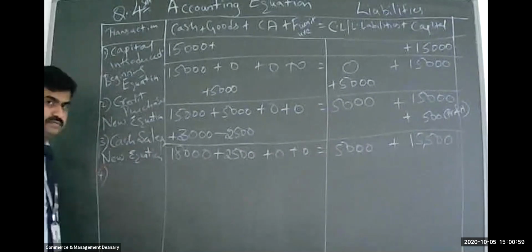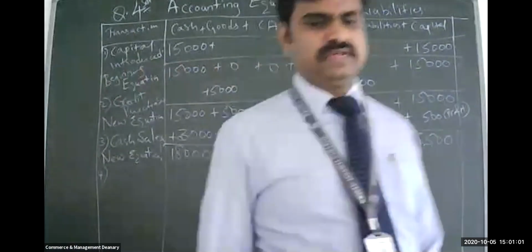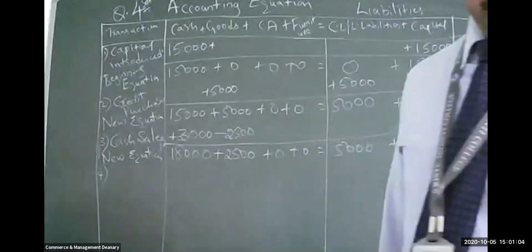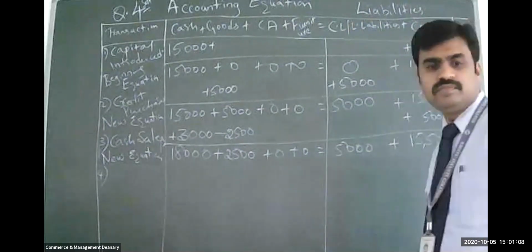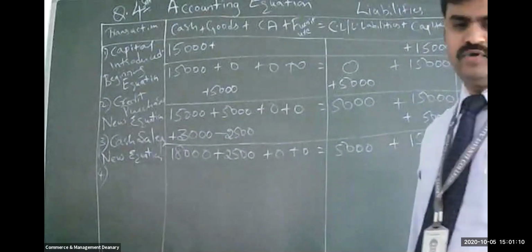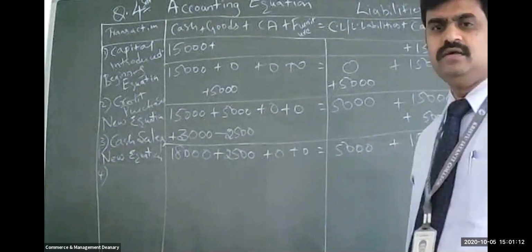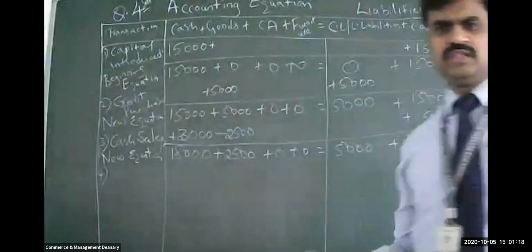What is the next transaction? Fourth transaction, furniture for cash. Purchase furniture for cash, rupees 1,500. So what is coming in and what is going out? Cash is going out.